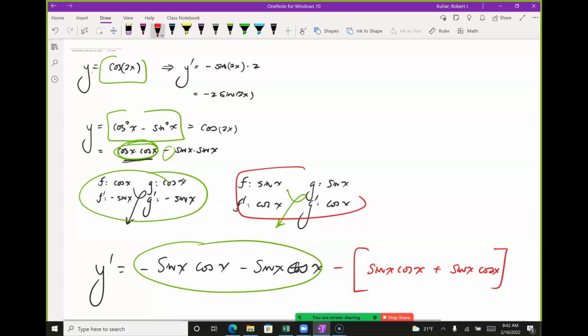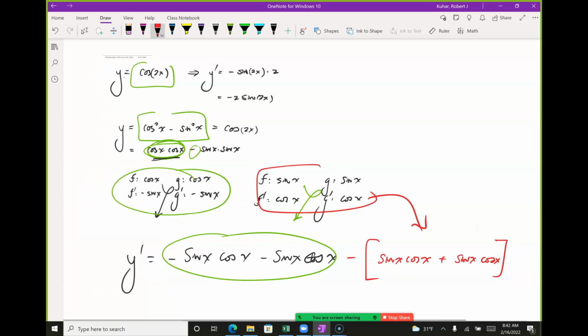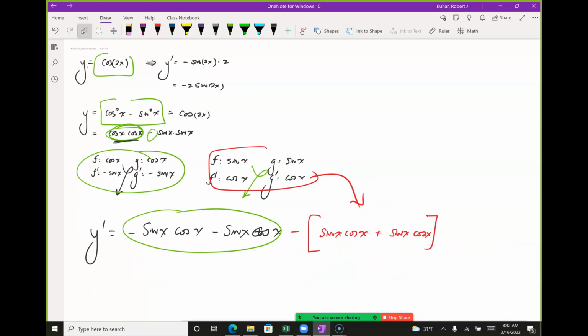From this loop I'm getting that red piece. So it looks like I have 4 of them, all negative. So I have minus 4 sine x cos x. You agree with that? Minus sine cos, another minus sine cos, another minus sine cos.